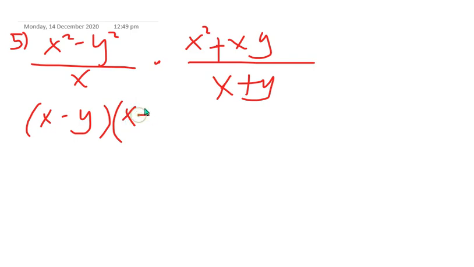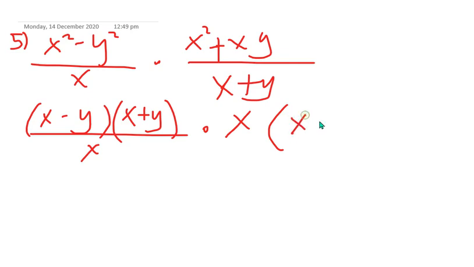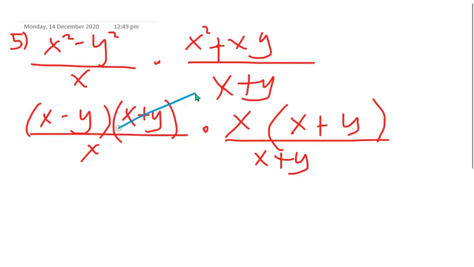So, x plus y times x minus y over x times, here we're going to use common monomial factoring, and the common factor is x. X squared divided by x is x, plus xy divided by x is equal to y, over x plus y. Okay? And then we simplify, so x plus y divided by x plus y.